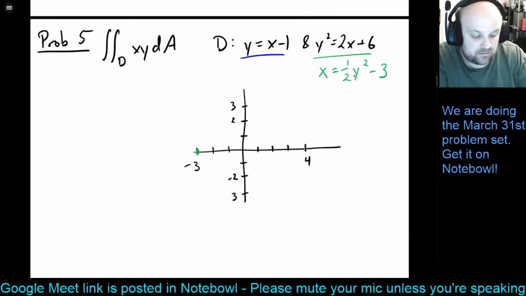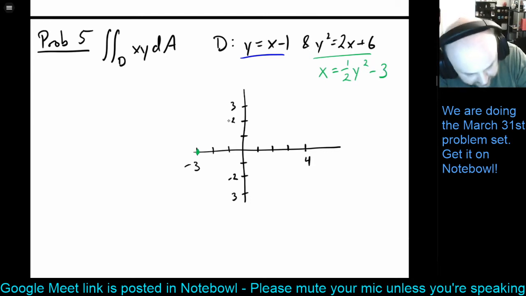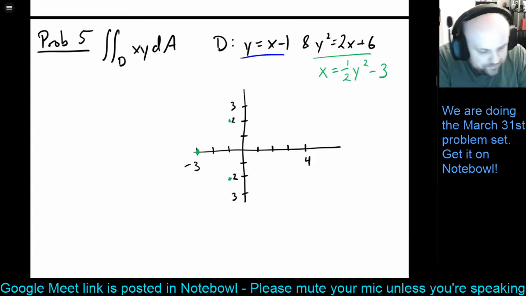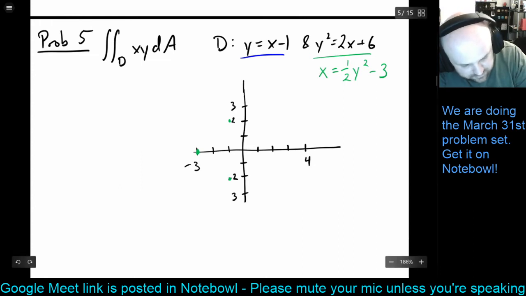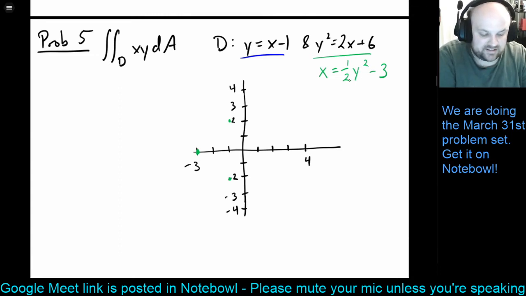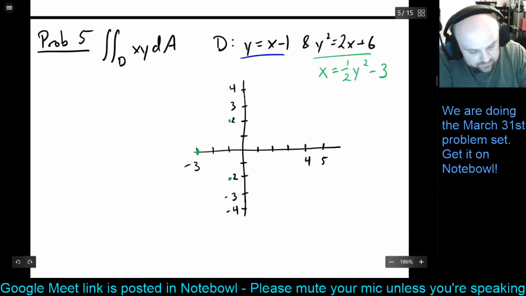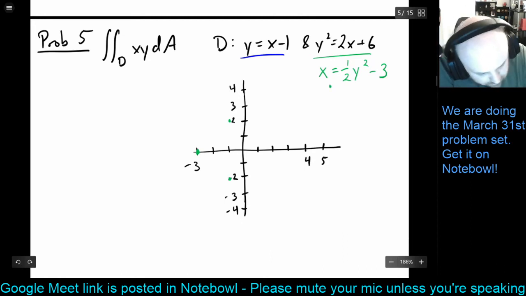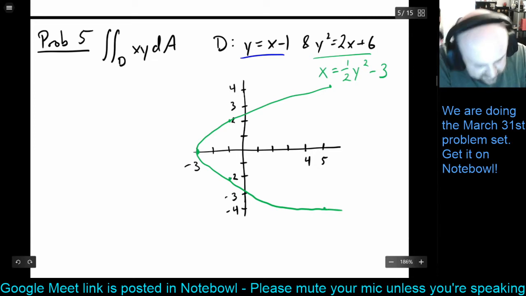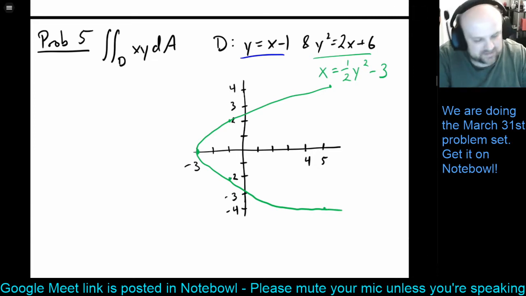That's going to be 2 minus 3, so that's negative 1. So we're on this track here. Let's plug in 4 next. If we plug in 4 to this, that's going to be 8 minus 3, which is 5. We get the same thing down here. Our parabola looks something like this. It's a bit of a bad drawing, but looks something like that.